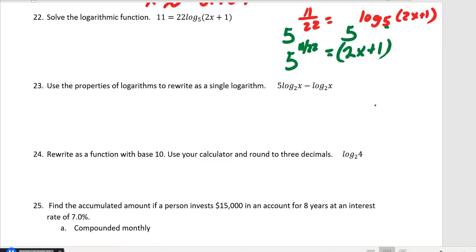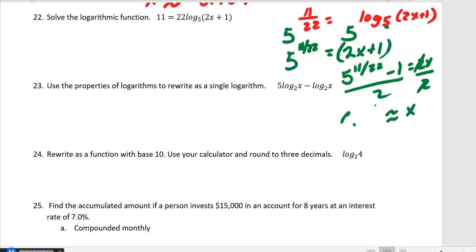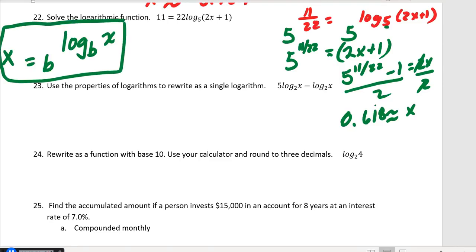This is the same from now on as we did earlier, and you're going to get the same answer. X is going to be around 0.618. And you're relying on this rule of logs, that when you have a base and you raise it up to the log with the same base, then you're going to end up with the argument. Okay? So some people like that method. You may choose which one you like.